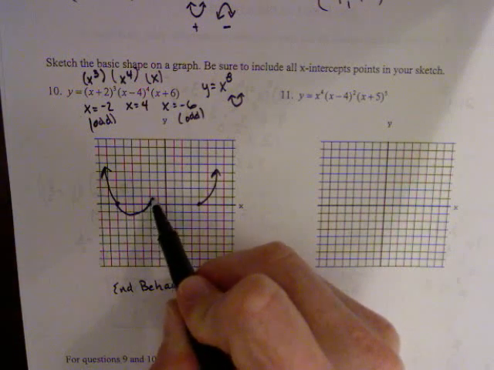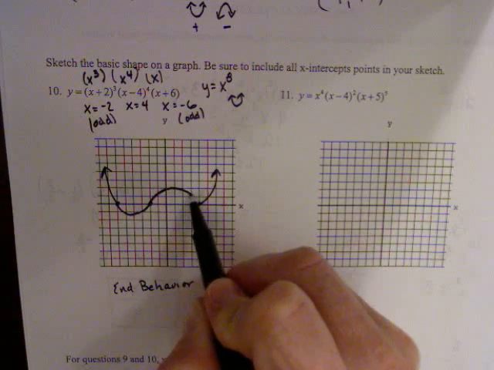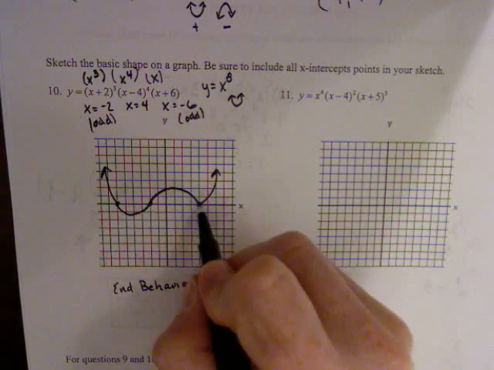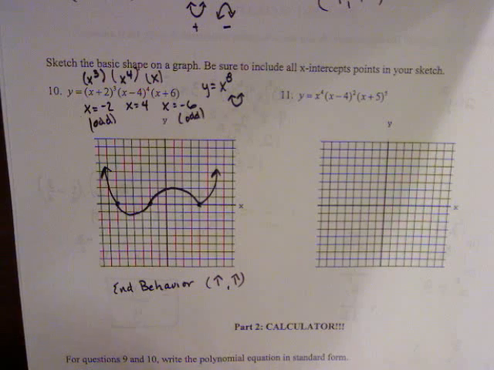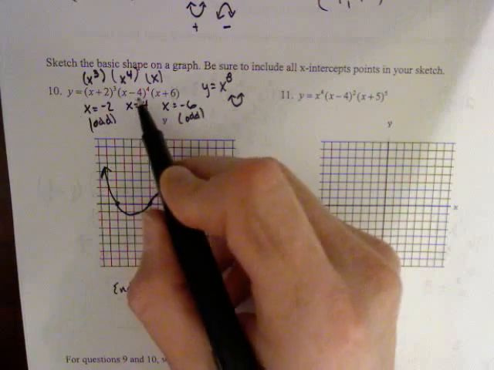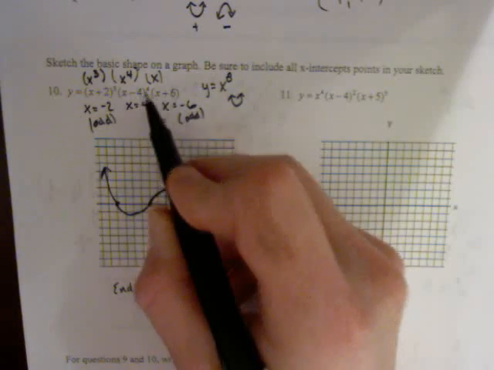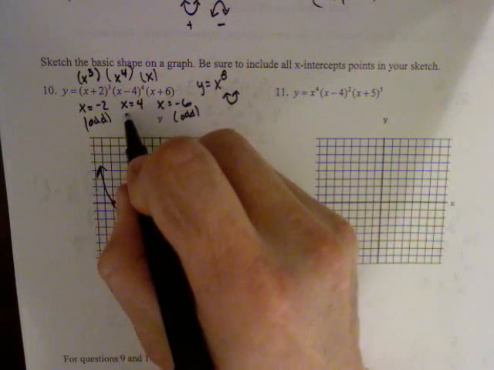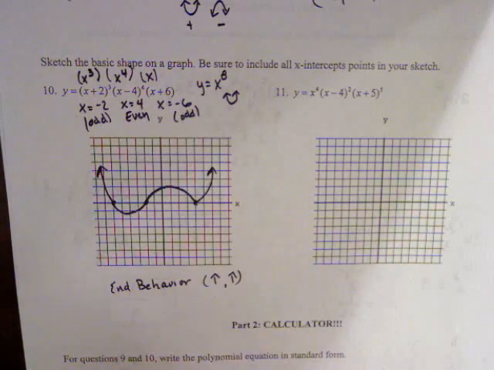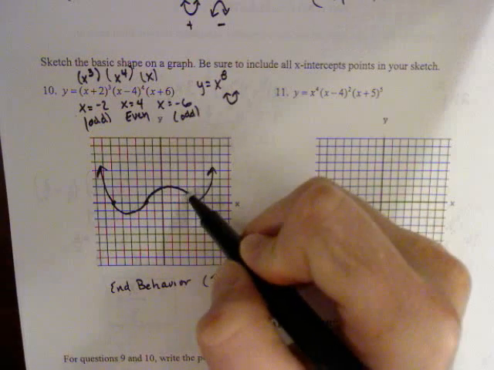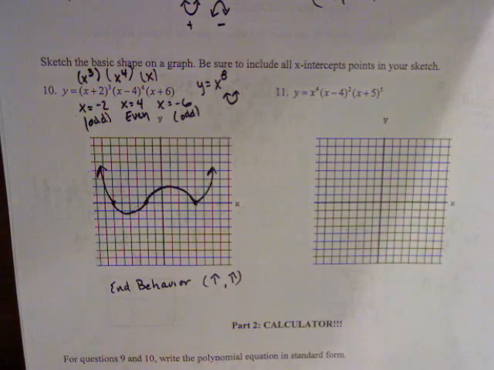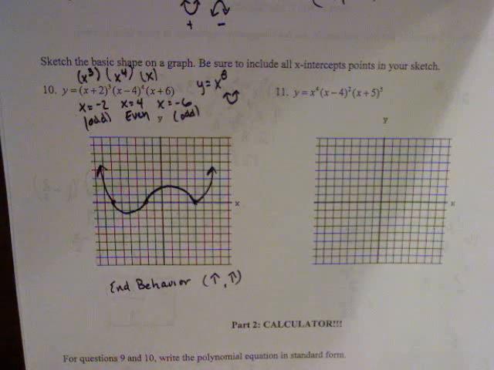So this 0 will go through and back down to the next 0. And this 0 of 4 has a multiplicity of 4, and that is an even multiplicity. Since it's an even multiplicity, it's going to bounce off. So this will bounce off and go back up. And that's a basic sketch of this graph.